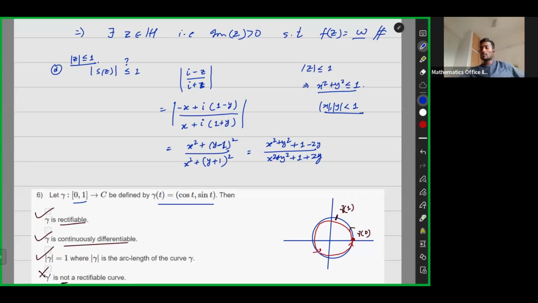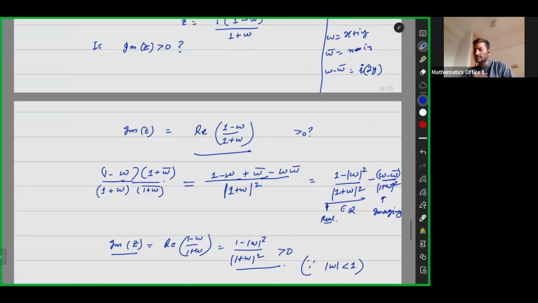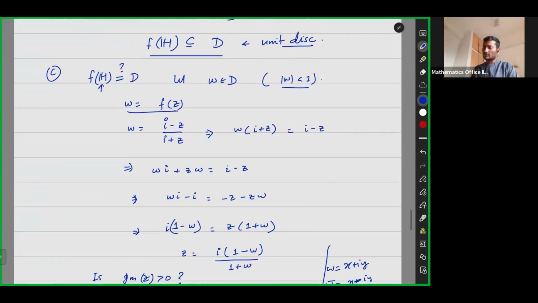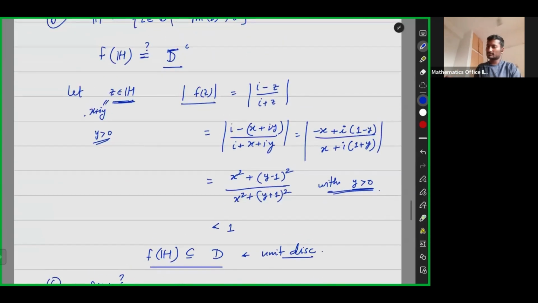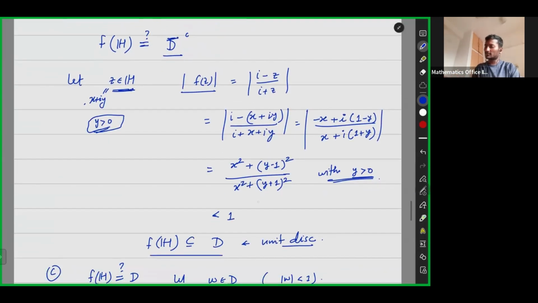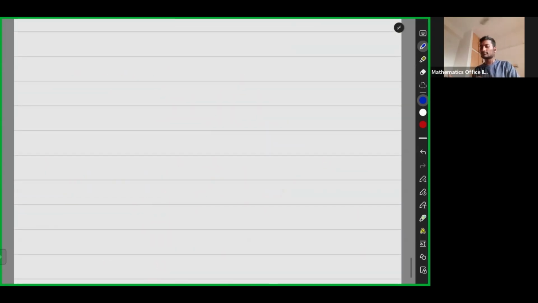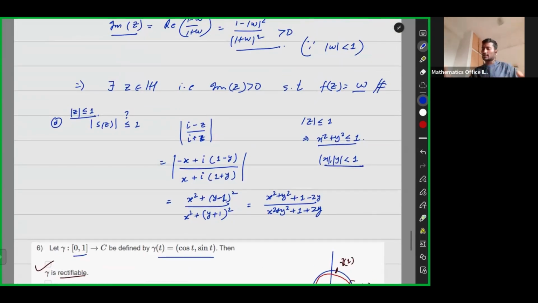Do you see here? What happened when y was positive in the previous calculation? This same value was less than 1. So we think there will be some problem, and we want to find a counterexample so that S has modulus bigger than 1. What can we take? Let's say y is equal to minus i. That becomes 0. Y equal to something else, say minus i by 2.